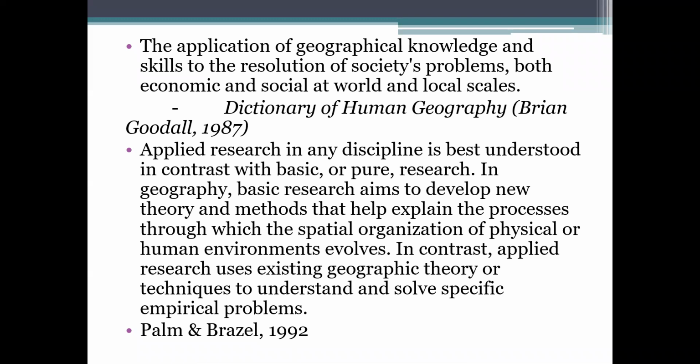Therefore, as intellectuals, as geographers, every time we should provide our knowledge and perspective to solve problems by using geographical knowledge and skills. Therefore, according to the Dictionary of Human Geography, applied geography is the application of geographical knowledge and skills to the resolution of society's problems, both economic and social, at world and local levels.